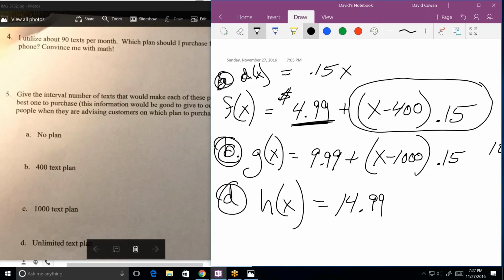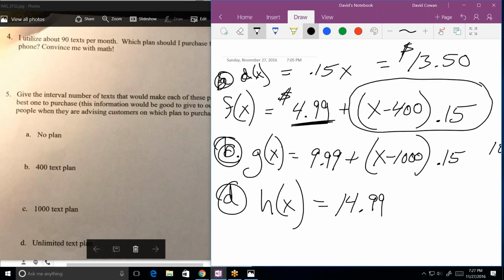In fact, you would actually be better off on either of these two plans here, because this cost ends up being $13.50. So the only plan that would be more expensive would be the unlimited, which would be $14.99. But G would be $9.99.